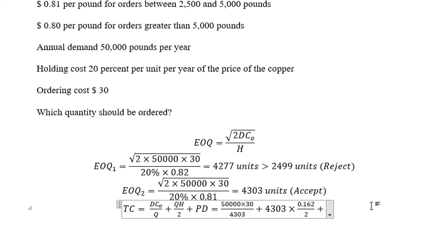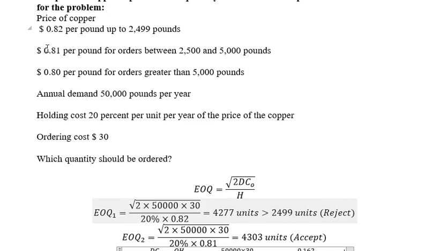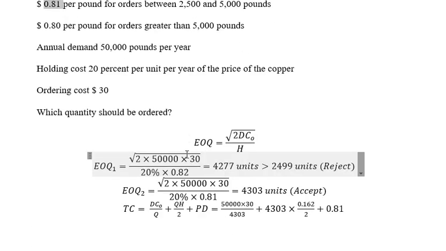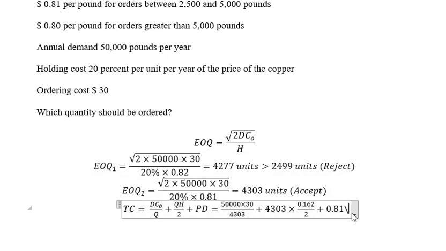Then we have the 0.81. That's about the price of this one. Multiply with the number 50,000 from the demand.